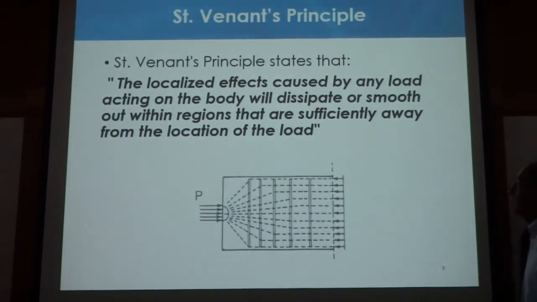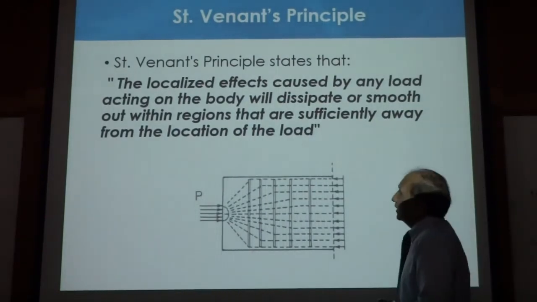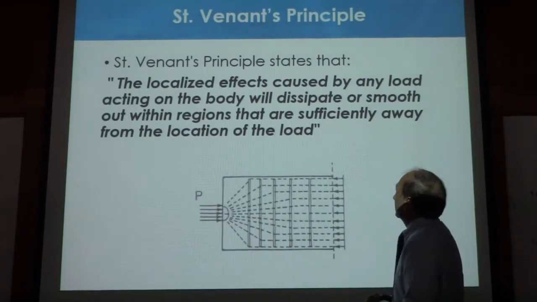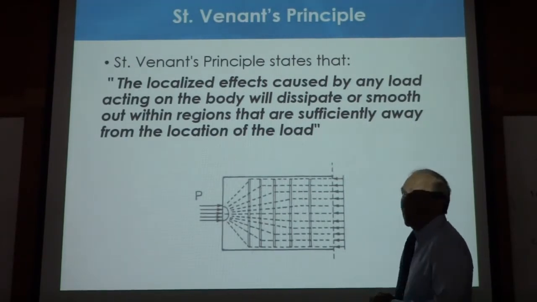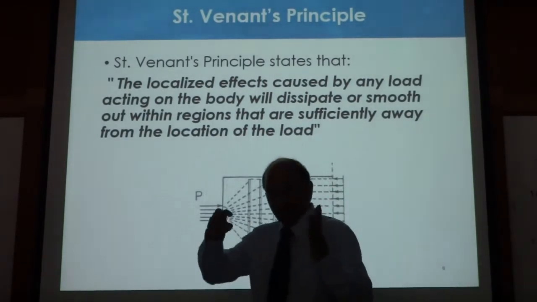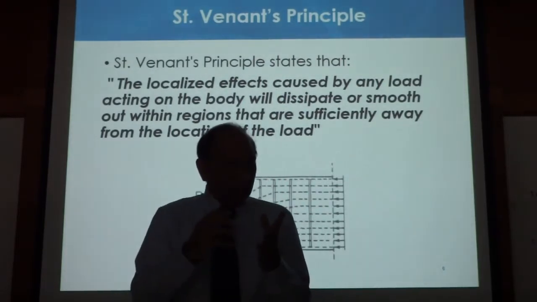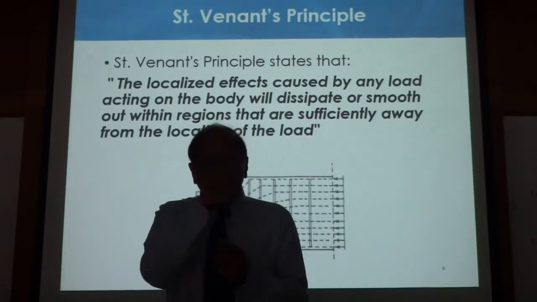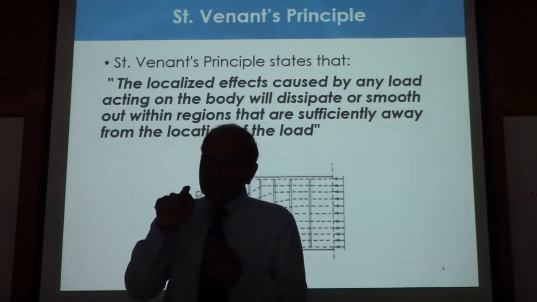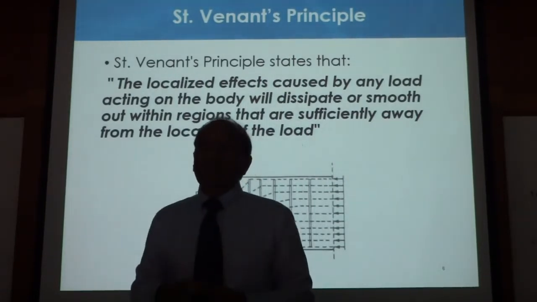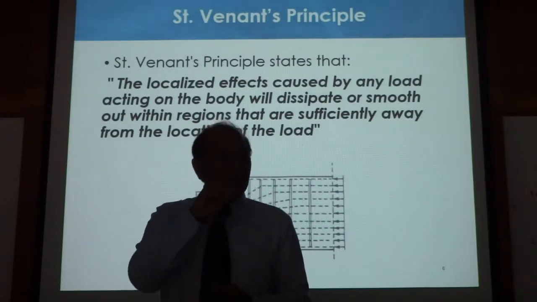Then we also have another theory, Saint-Venant's principle. This says that a localized effect, if you disturb a continuum with a force, the effect of that disturbance will fade away after some time. So those disturbances do not go too far.